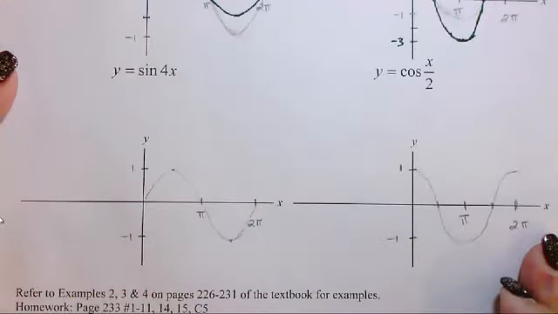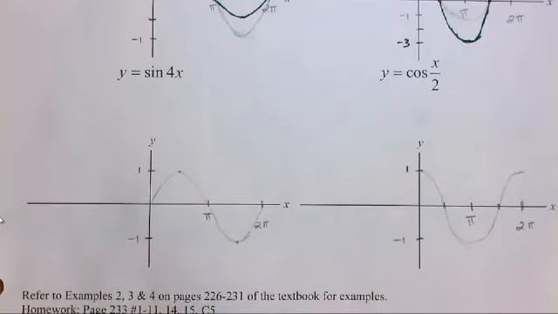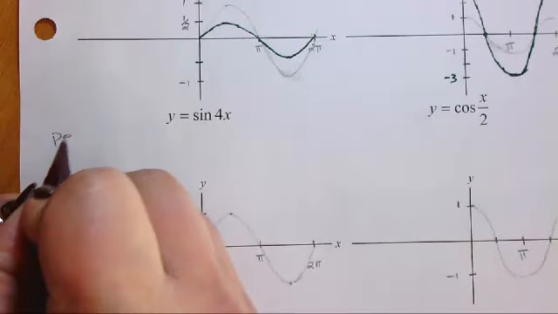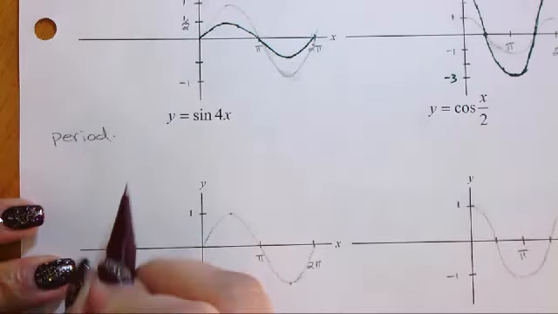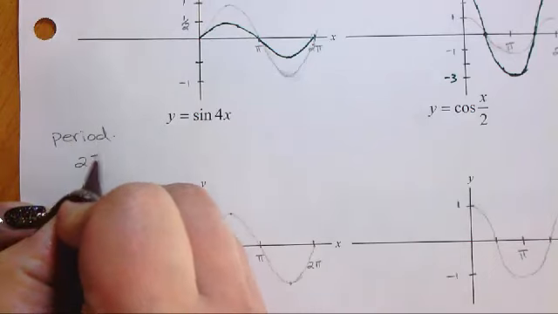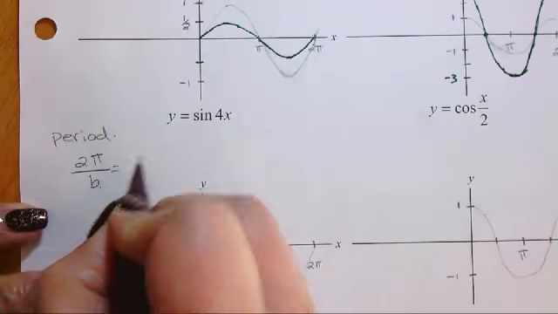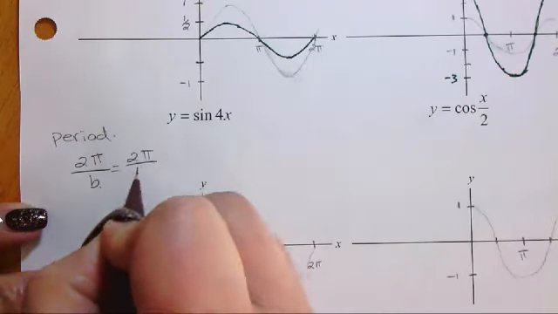Now, sine 4x. You have to do a little work for this one. The period on this one, we have to use our 2 pi and divide it by b, and in this case b is 4.